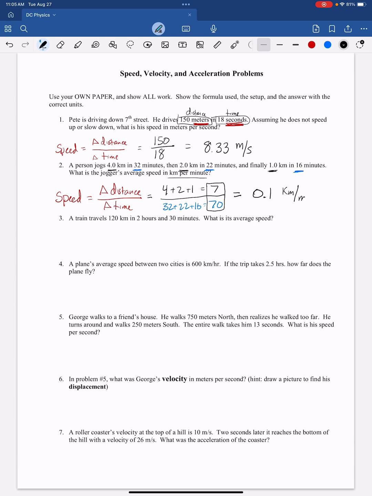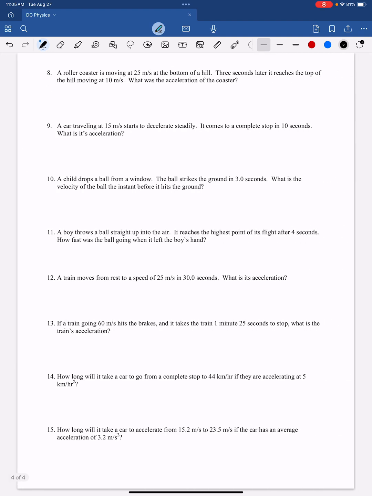So this is the average speed of the jogger for question 2. Those are 2 good examples of how to solve a speed problem. Let's take a look at an acceleration problem, because those are going to change just a little bit. So I'm going to skip ahead a little bit to question 8.